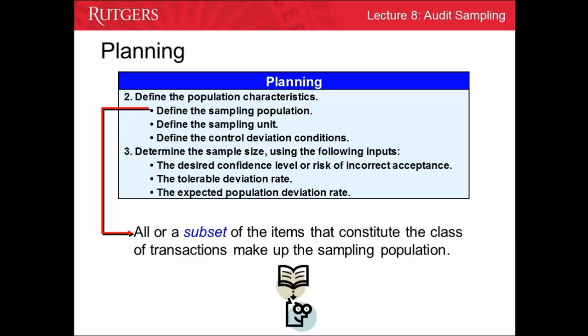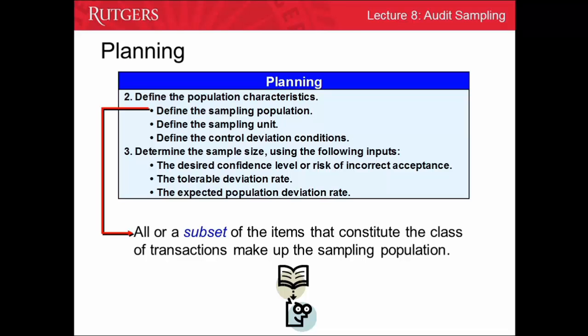The items, or a subset of the items, that constitute the class of transactions make up the sampling population. The auditor must determine that the population from which the sample is selected is appropriate for the specific assertion, because sample results can be projected only to the population from which the sample was selected.